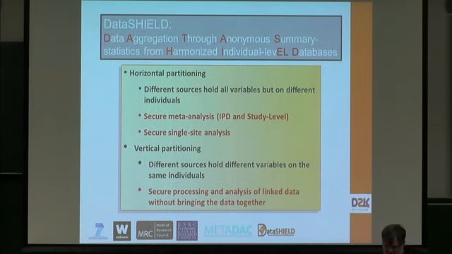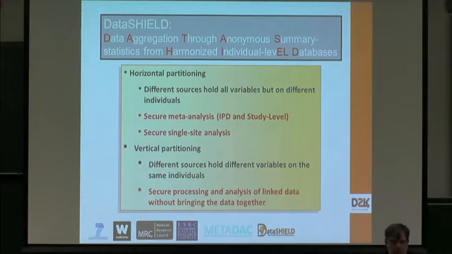Finally, before telling you how DataSHIELD actually works, I just want to make an important distinction between two types of data partitioning. In situations where you're using DataSHIELD to pull data together from multiple sources, those sources could hold data in one of two distinct ways.